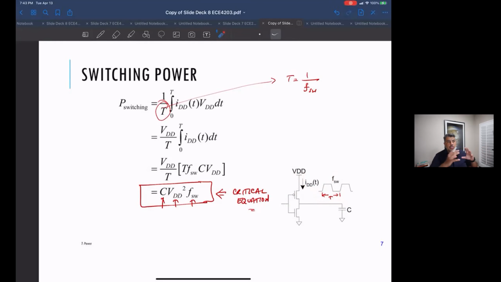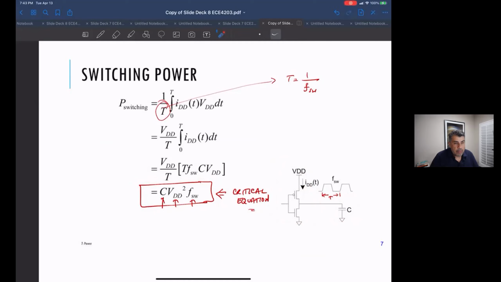Either a small current that takes a while to charge up the capacitor, or a lot of current that's very quick to charge it up, is the way I look at it. But again, this is the main equation for power consumption in CMOS logic circuits, CV squared F, for each capacitive load.